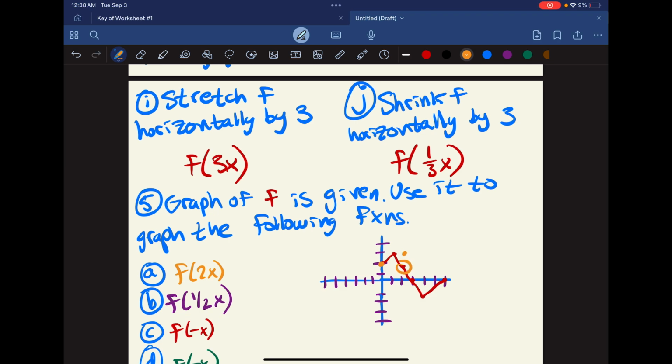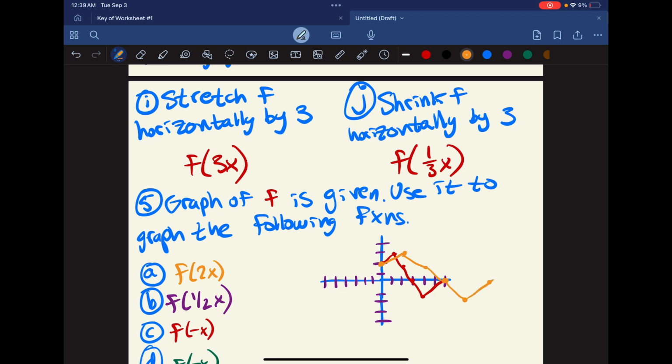For x equals 2, 2 times 2 is 4, so this point would be out here. For 3 times 2 is 6, so this point would be here. Times 4 is 8, so we would be down here, and then somewhere out here for 10. So we would look something like that.